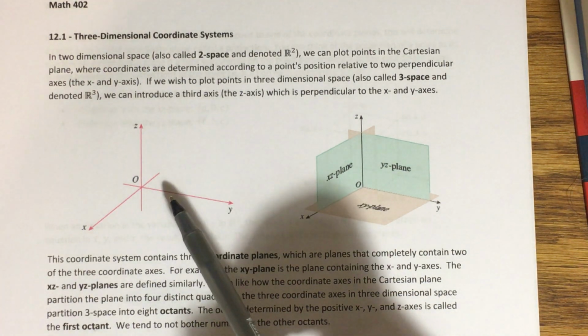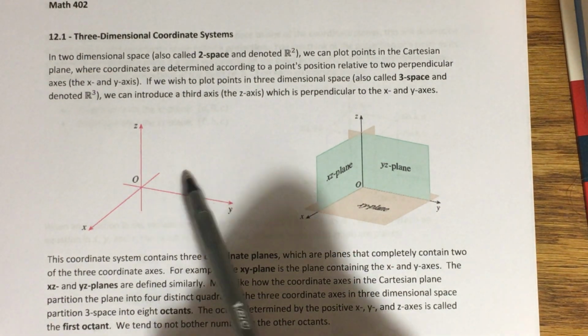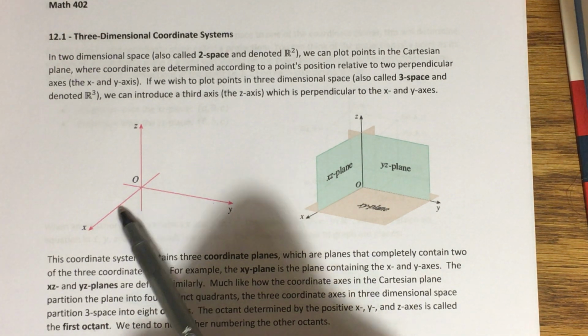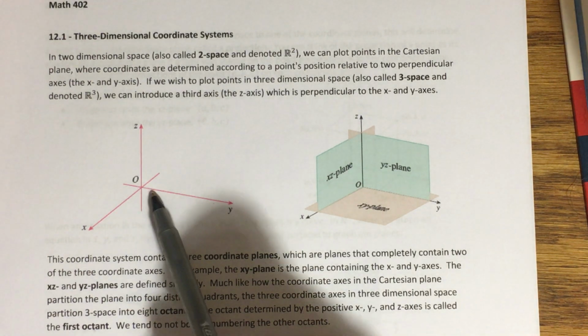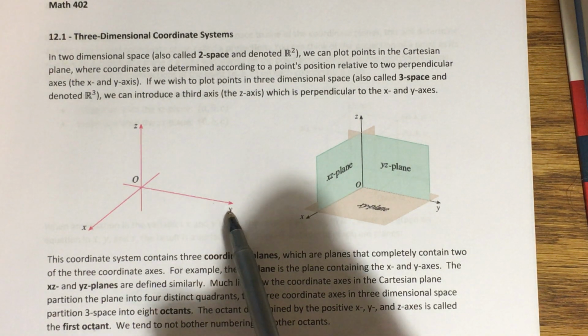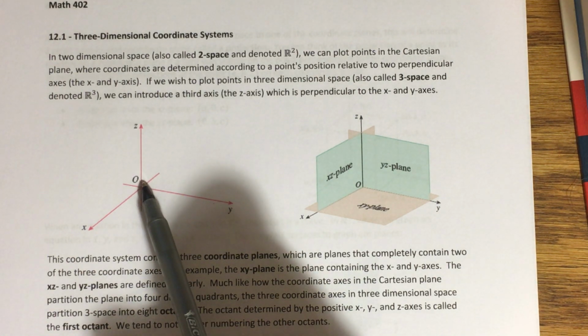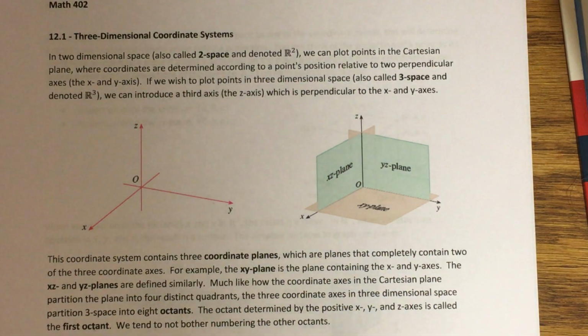So actually, I just realized we didn't really talk about which part of these axes are positive, which are negative. The part of the x-axis that appears to be coming out of the page is the positive x-axis. The part of the y-axis that points towards the right is the positive y-axis, and the part of the z-axis that points upward is considered to be the positive z-axis.